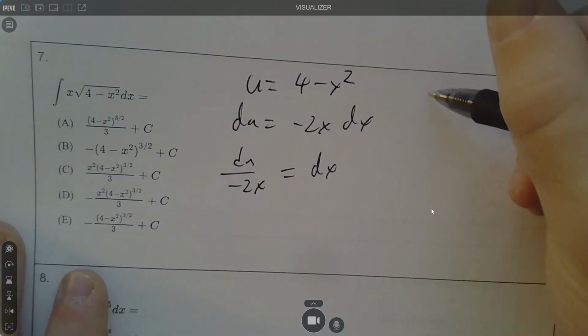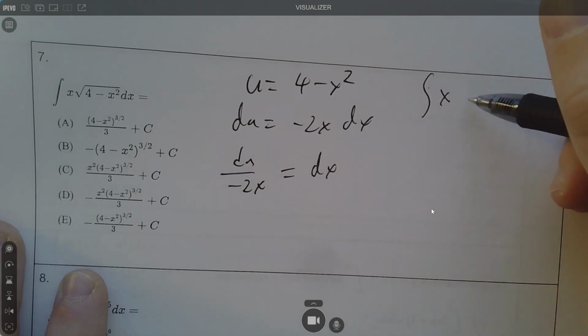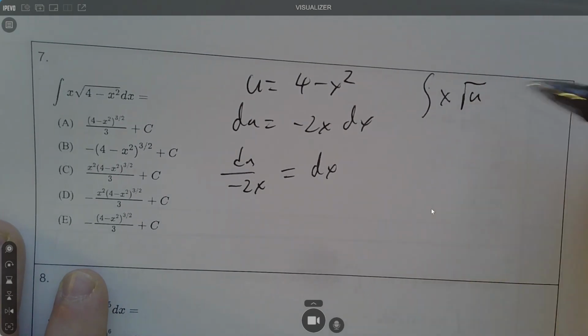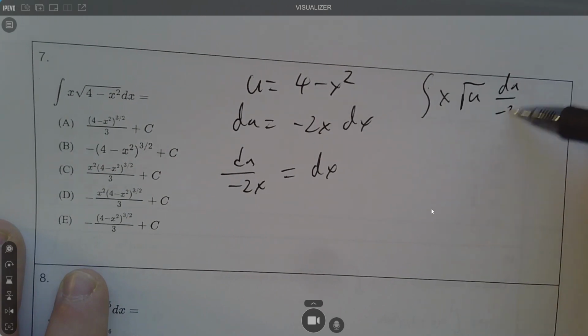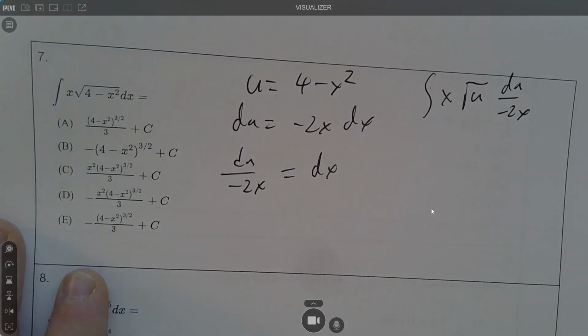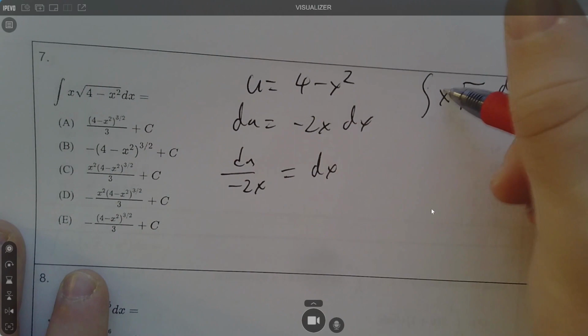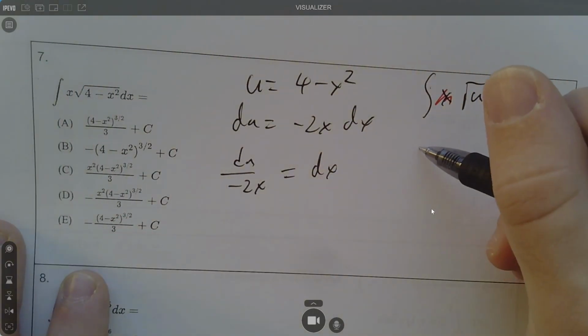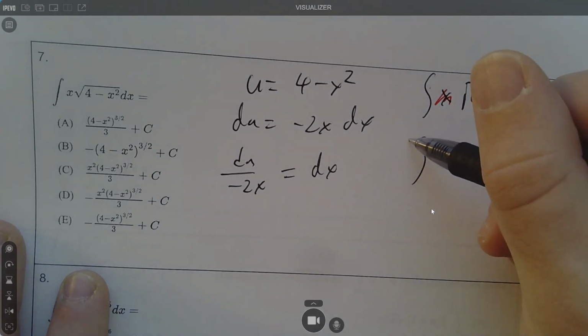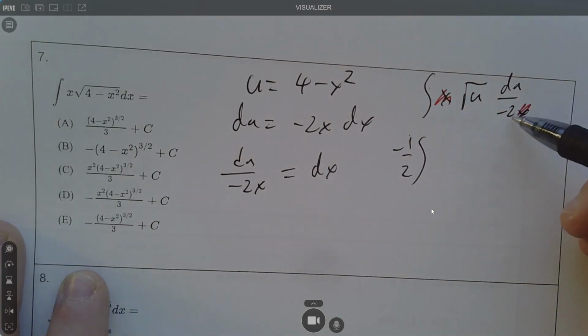We're going to get integral x root u, and then du over negative 2x. These x's are going to cancel here. And so I will have a negative 1/2 out front, because I'm bringing that negative 2 out front.